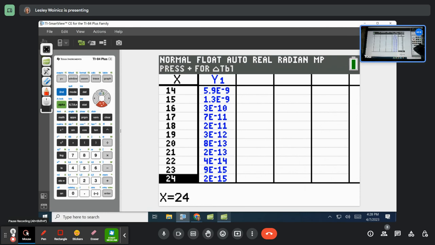Now, you can see that there's only so many places that your calculator has available to tell you this big number. So all it tells you is 2 times 10 to the negative 15. It doesn't tell you the rest of the information. So the most accurate way would be to put it in the other way. All right, that's all I got for you. Bye.